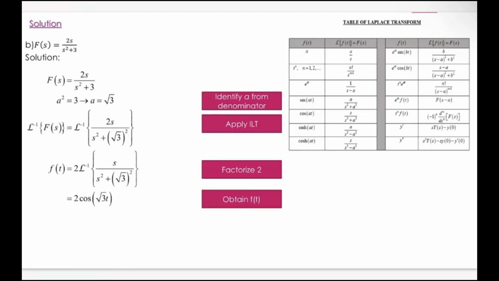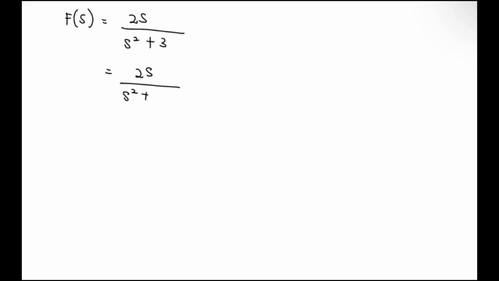2s over s squared plus 3. So we have 2s over s squared plus 3. So we need to rewrite this one as 2s over s squared plus, here it is supposed to be a squared. You have 3. That means this one is square root of 3 to the power of 2. If you take the square root and you square this one, you get 3.